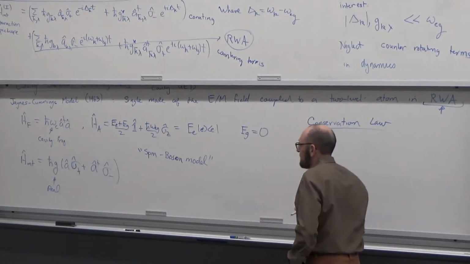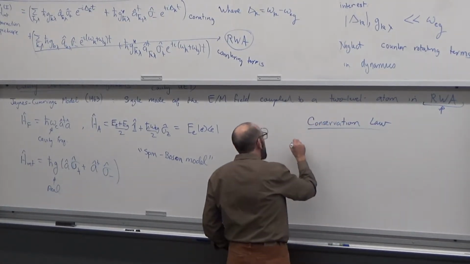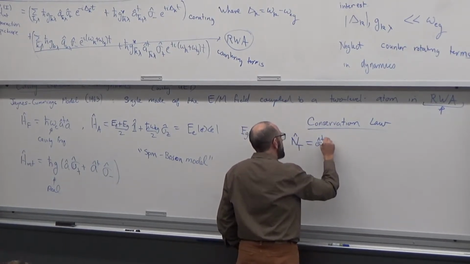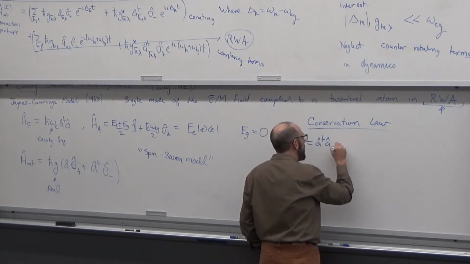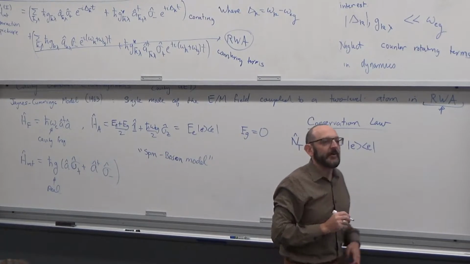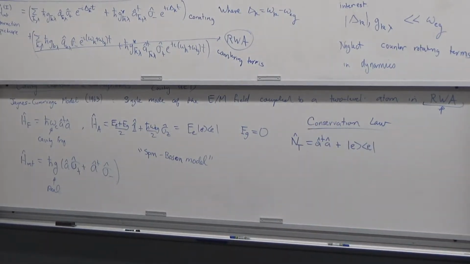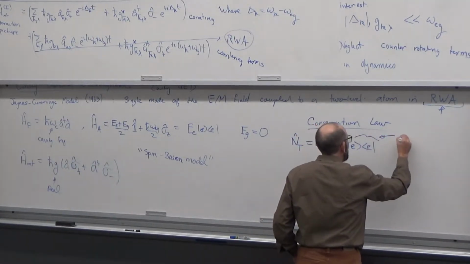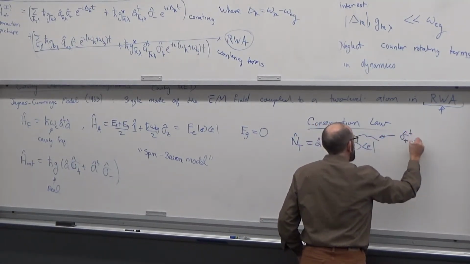What is that conservation law? Well, let me define NT as the number of photons plus the number of atoms that are in the excited state. Okay, which if I like, I can also write for symmetry as that.